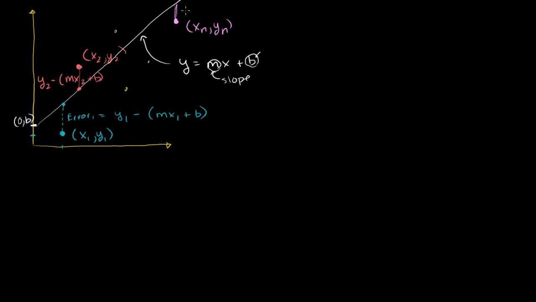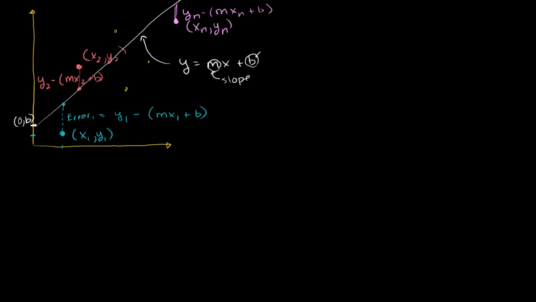This error right here is going to be yn minus (mxn plus b). Now, if we wanted to just take the straight up sum of the errors, we could just sum these things up. But what we want to do is minimize the square of the error between each of these points and the line.